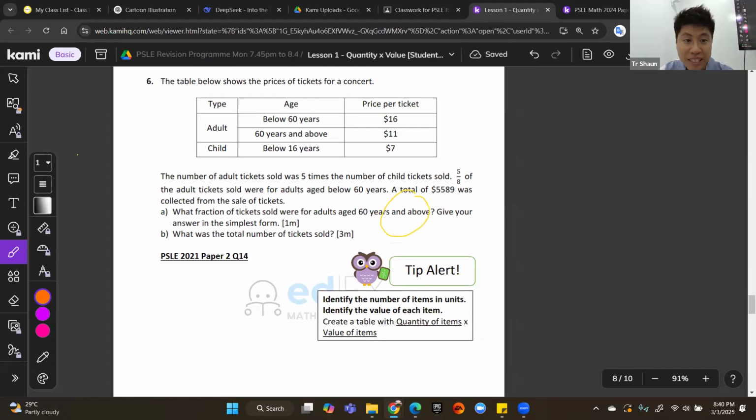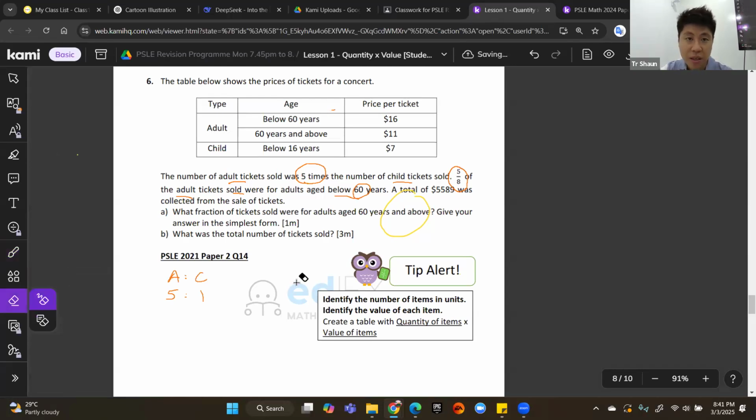Let's start. The number of adults is 5 times. So if you want to do a quick ratio, adult to child, the number of tickets sold is 5 to 1. Okay, but look here what they say. 5/8 of the adult tickets sold were below 60.